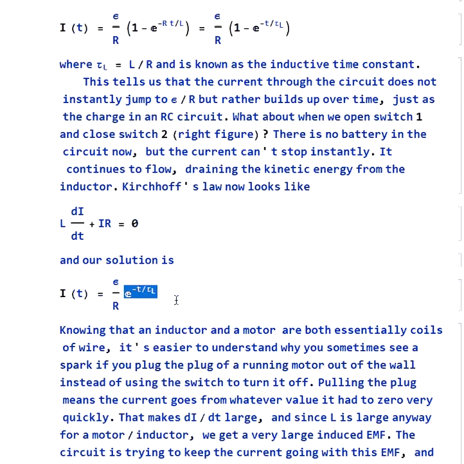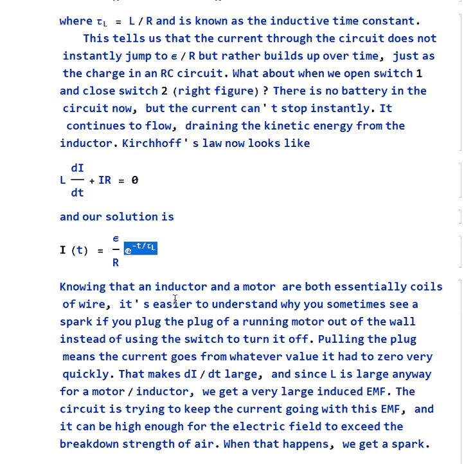Now, once you know this, if you know that an inductor and a motor are both essentially just big coils of wire, there's something that happens that's a little bit easier to understand. If you pull the plug of a running motor out of the wall like a vacuum cleaner, instead of using a switch to turn it off, and this is kind of hard on the equipment, so you shouldn't do this, but when you pull the plug, the current goes from whatever it was to 0 very quickly.